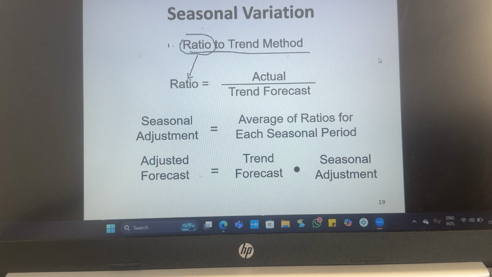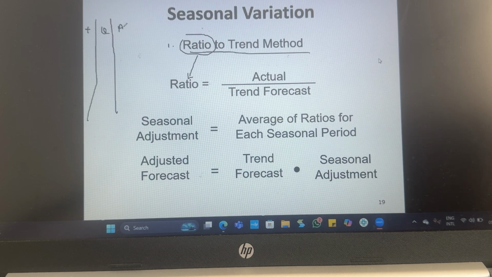I ask you to write down the data set in this way: time, quantity, actual, and forecasted value. For example, time is 1, 2, 3, 4 and up to 16.